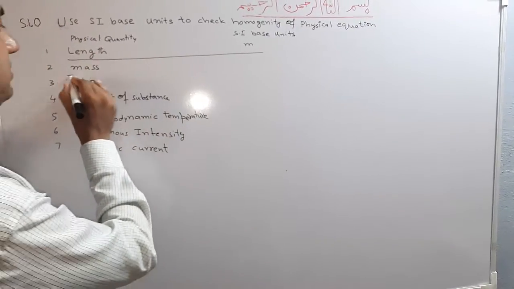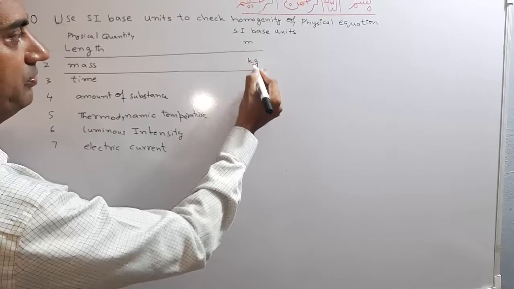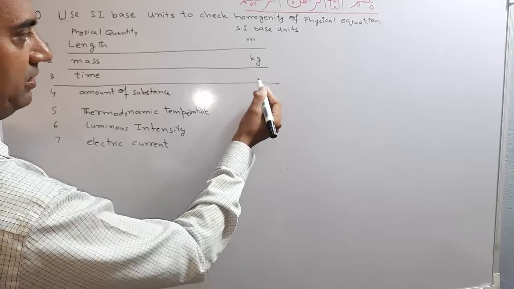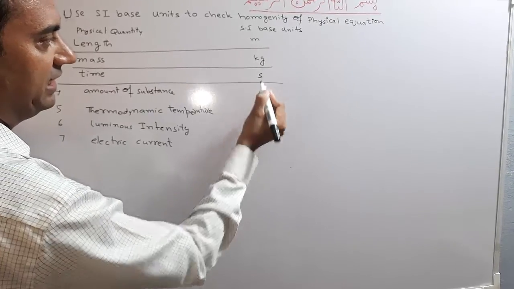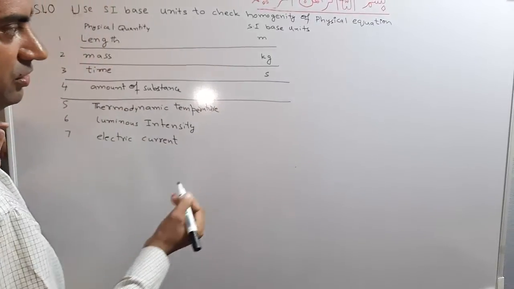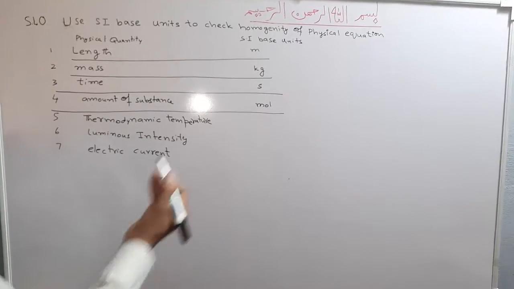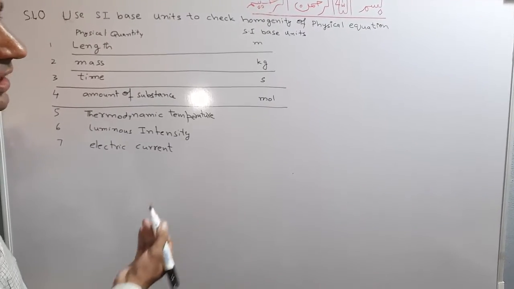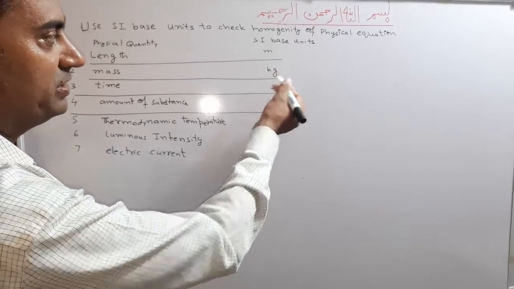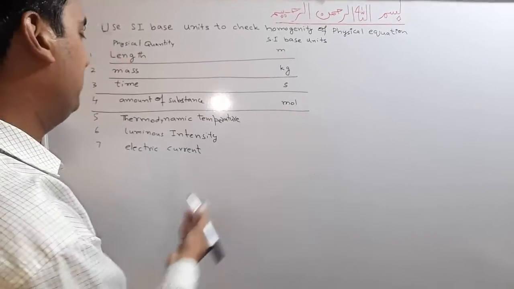Mass has the SI base unit kilogram. The third one is time, whose SI base unit is second, and we write s. For amount of substance we have mole, but the symbol we use is mol, just like kilogram is represented as kg.